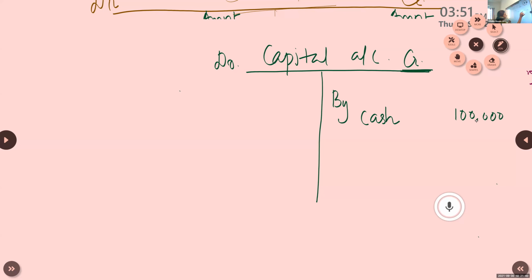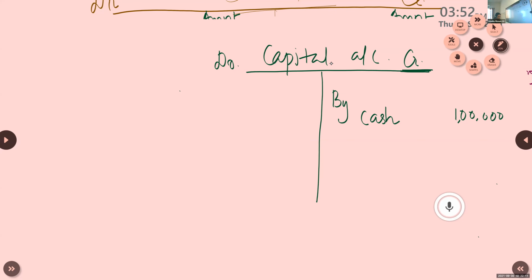Now tell me, what balance will you get from the capital account? This is how your capital account is, right?